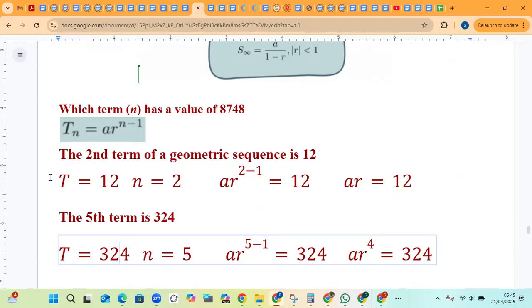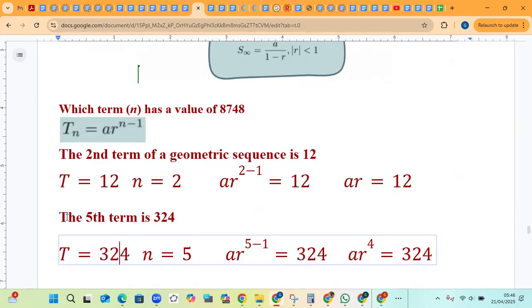Bear in mind that I'm using the nth term formula because the question never mentioned anything about a sum. So t must be 12 and n is 2, and all you can write is a times r to the 2 minus 1 equal to 12 because you don't know a and r. So a times r is equal to 12, because 2 minus 1 is 1.